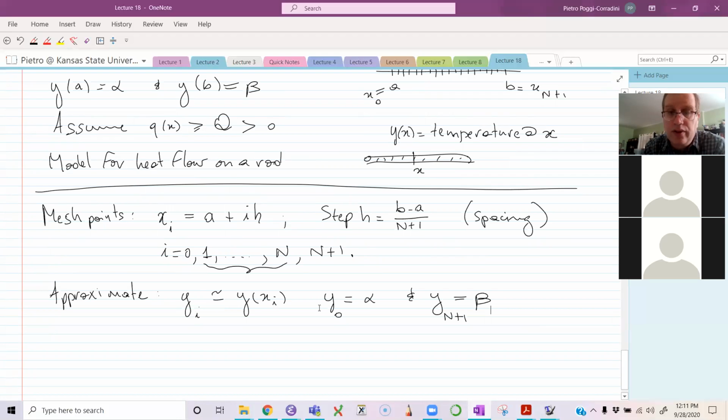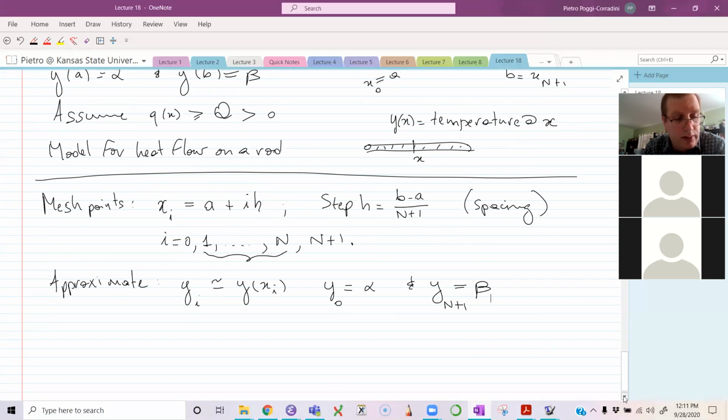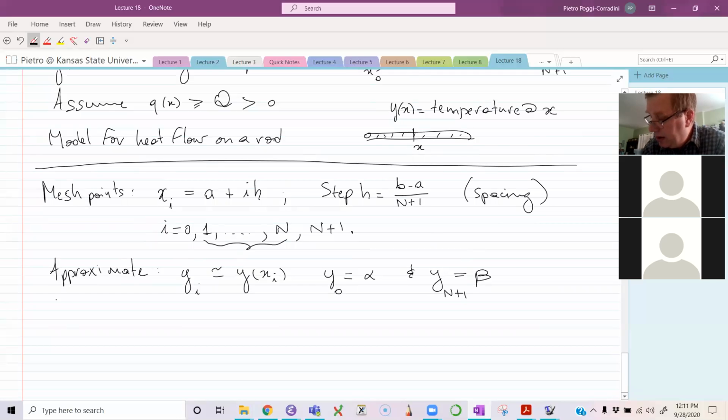So one way to do that is to approximate those derivatives. And one common way to do it is through something called finite differences.